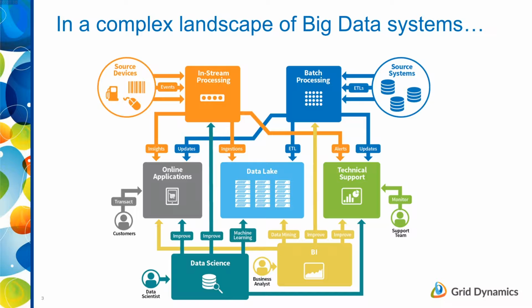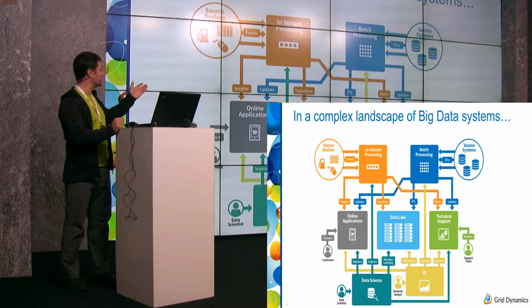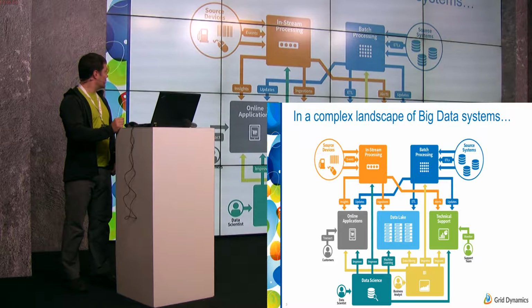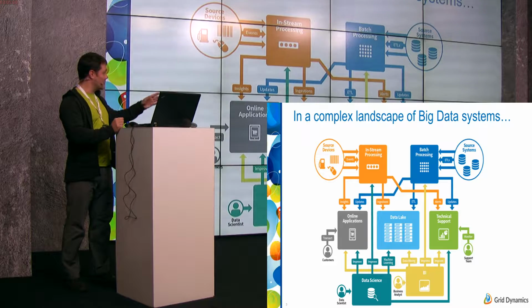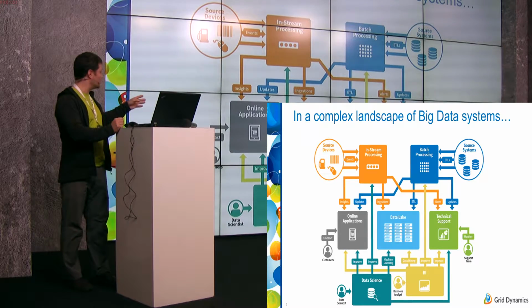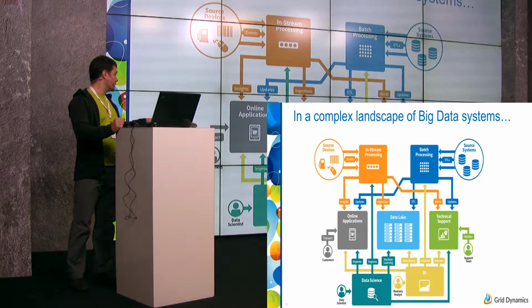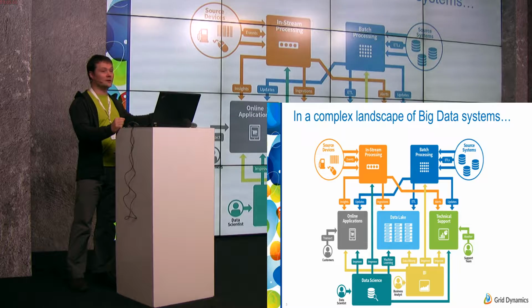In-stream processing is a new approach to how to build such systems. Let's see the specifics of big data systems and in-stream processing against this complex landscape of big data services: in-stream processing, batch processing, online applications, data lake, technical support, business analytics.